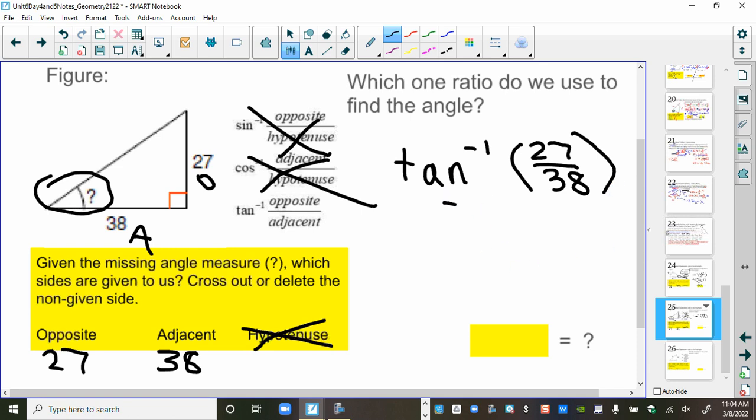And then what was the approximate value? What number did we see? Flip it. Okay, so I think you flipped it. I think you went 38 over 27. Which, all right, you got a good point though.